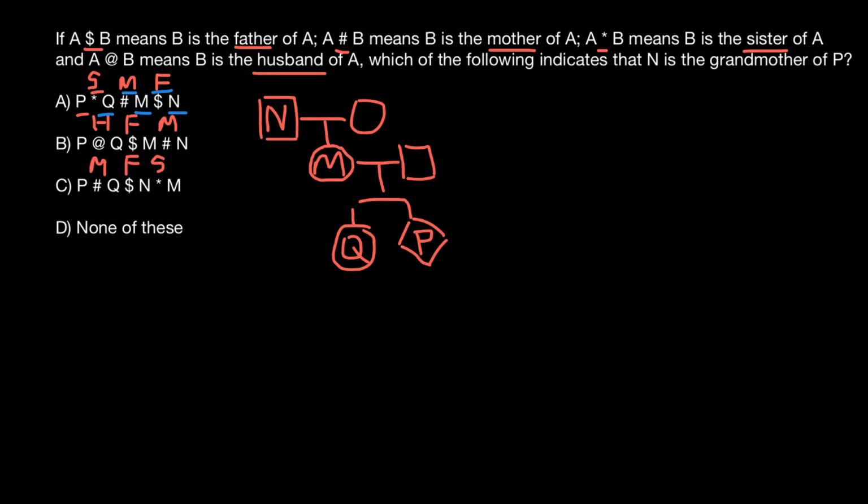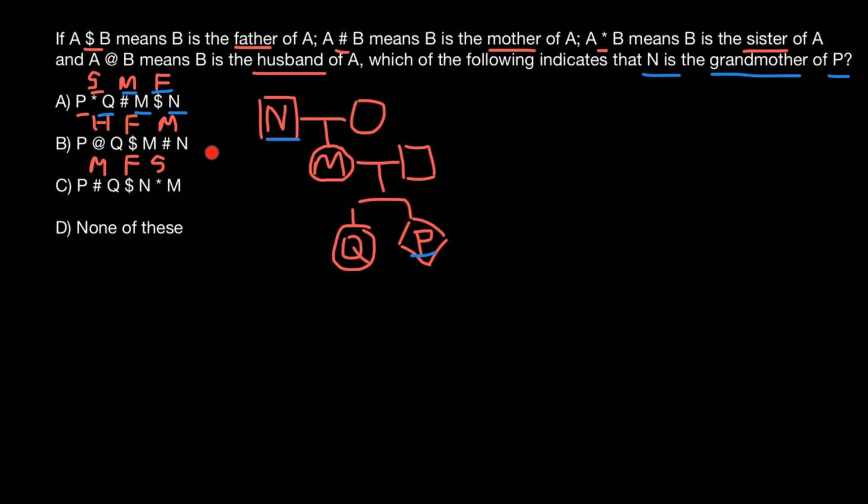Again, we have to find which indicates that N is a grandmother of P. And right away we see that N is a male, and N is a grandfather of P. So this is, again, a wrong answer.